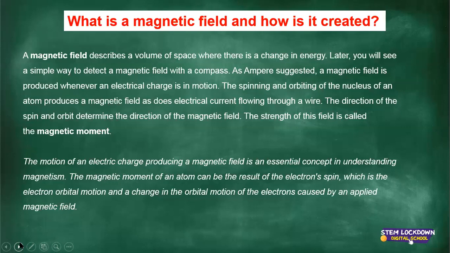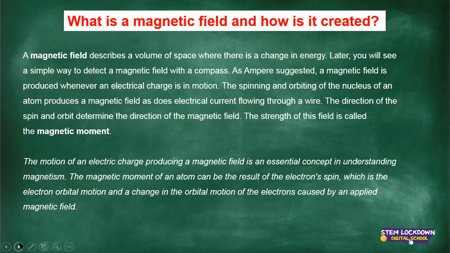So basically, the spinning of the orbit has magnetic fields around it in the atoms, and then the current is flowing through the wire. Both of them work in harmony together, and it causes an electromagnet. Now, the direction of the spin and orbit determines the direction of the magnetic field.